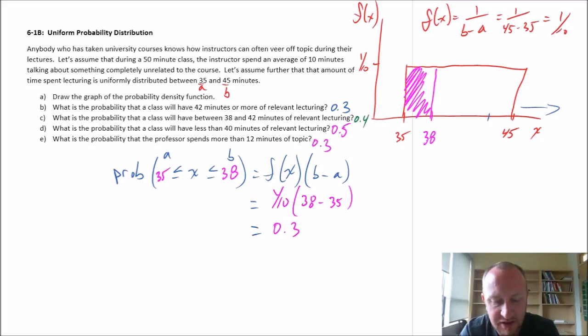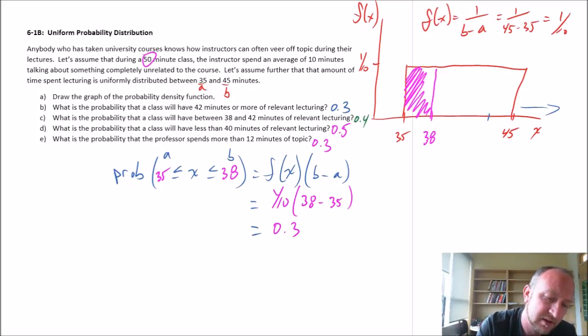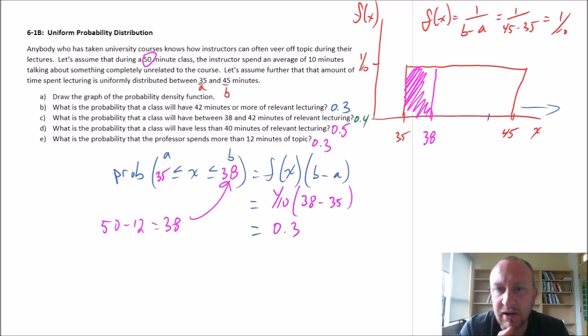So 30% chance that this professor spends more than 12 minutes off topic, which is the same as saying less than 38 minutes on topic, because the maximum class is 50. 50 minus 12 minutes, of course, that's where our 38 comes from. And there you have it.